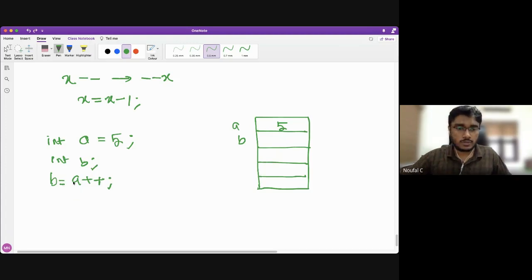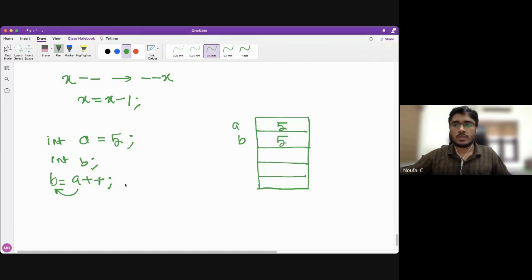If you write B equal to A plus plus, two different operations are happening: you are incrementing the value of A and you are assigning some value to B. In that situation, the value of A will be taken to B first, so B will get the value 5.